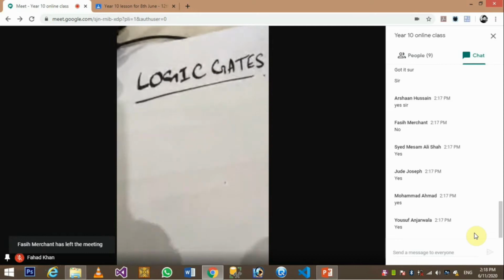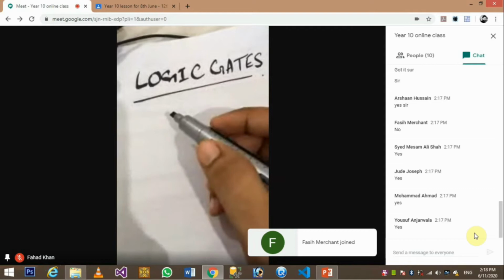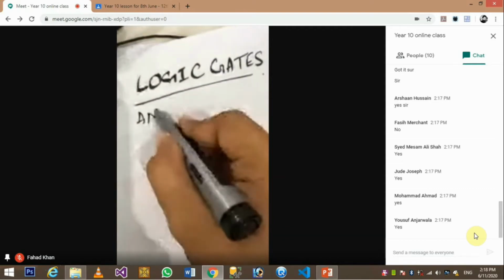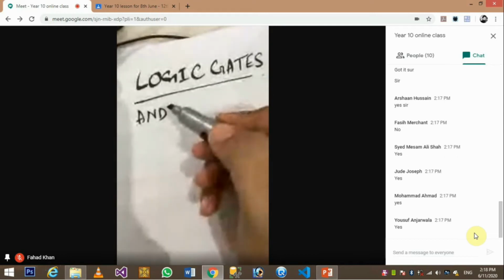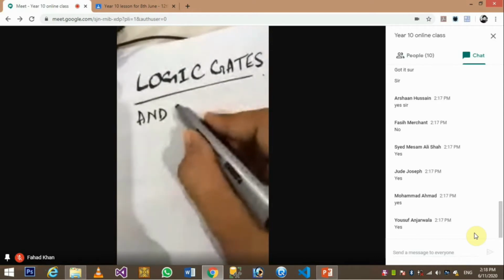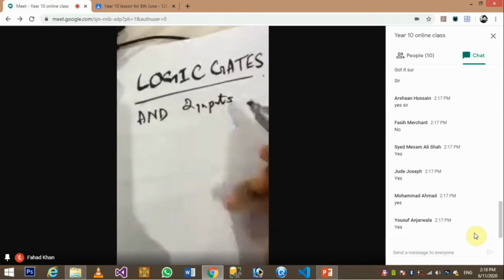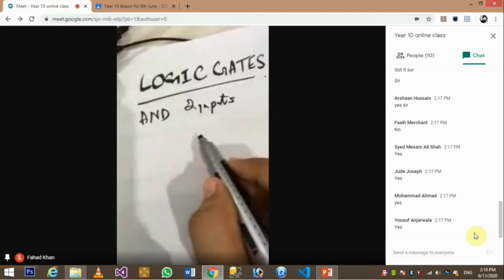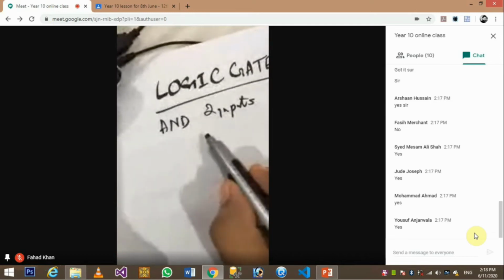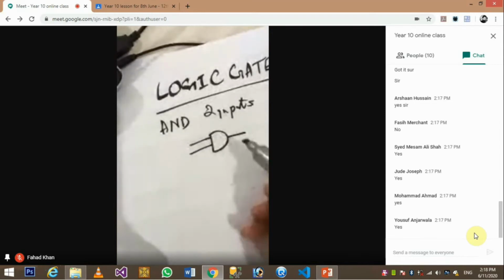Okay, all right. So we are just on the logic gates right now. The first one, as you told me, the AND gate, basically has two inputs. How can we draw the symbol of the AND gate?